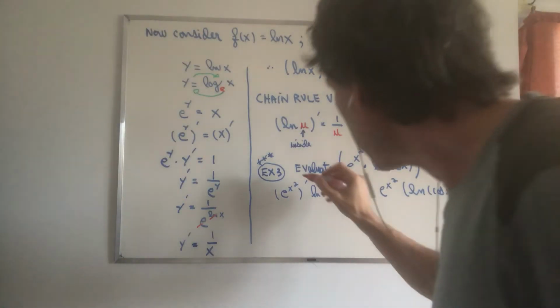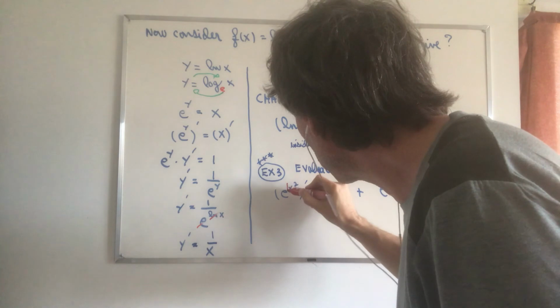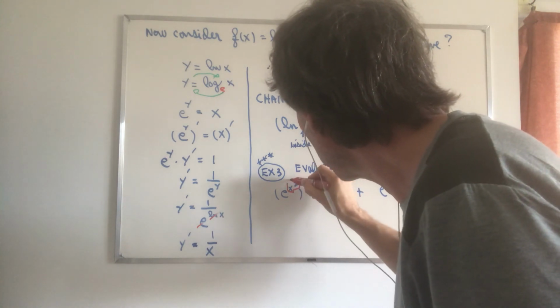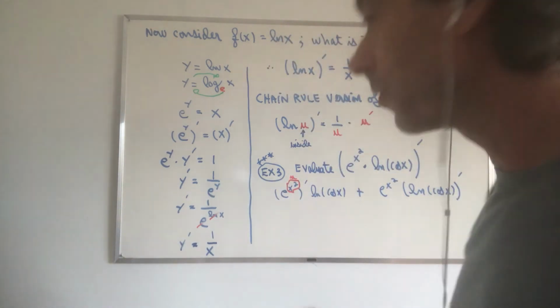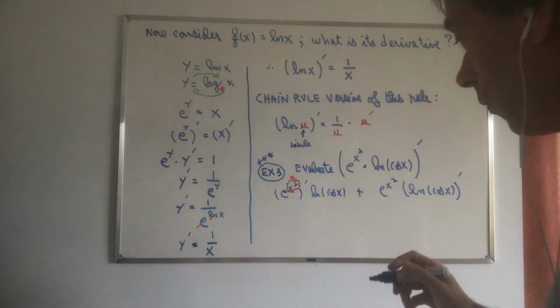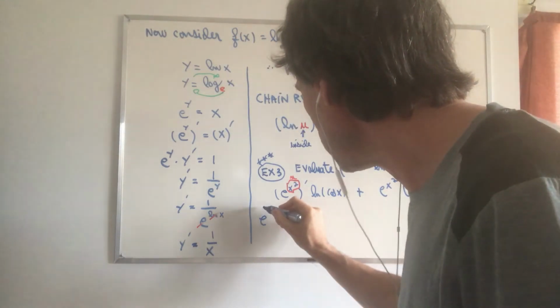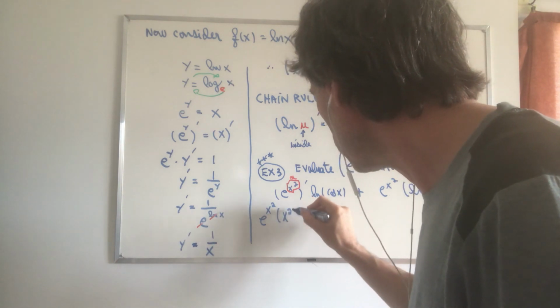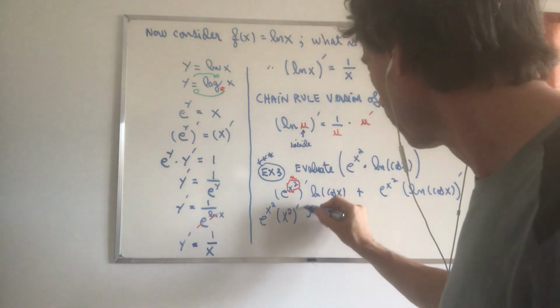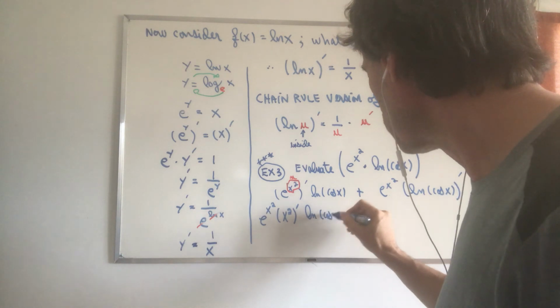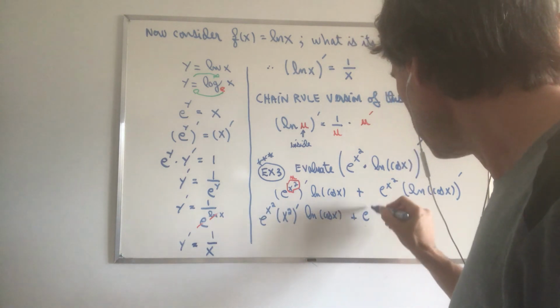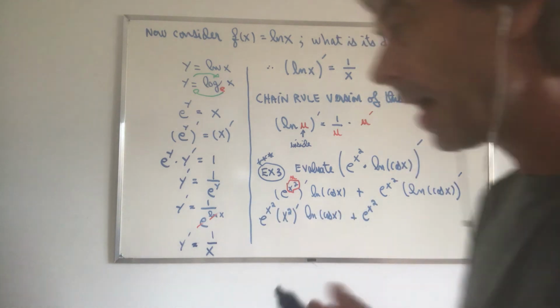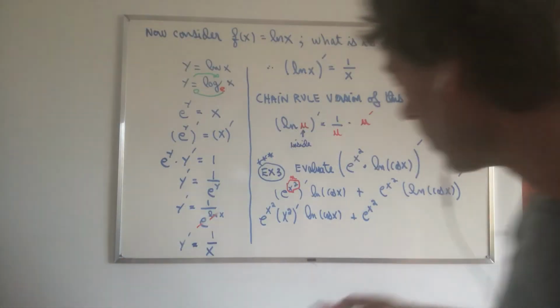Okay, so this is my u, e to the u. So how do I derive e to the u? It's e to the u times u prime. Ln cos plus e to the x squared. Haha, what do we got here? That's our brand new rule.